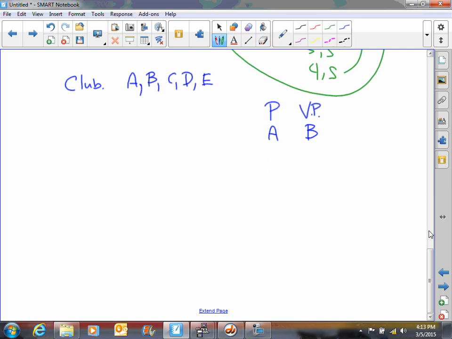This list may be a little bit more extensive. We could have Al and Betty, Al and Charlie, Al and David, Al and Eugene. We could have Betty and Al. We could have Betty and Charlie. We could have Betty and Dave. We could have Betty and Eugene.